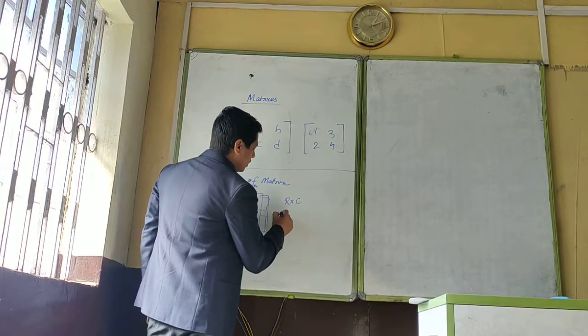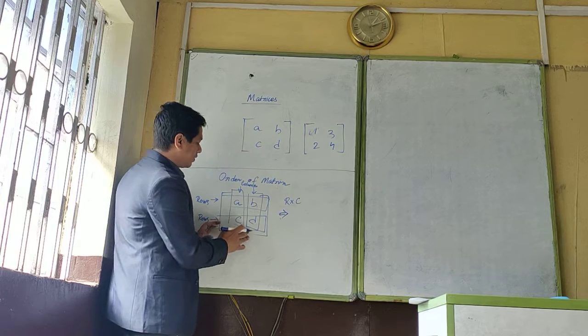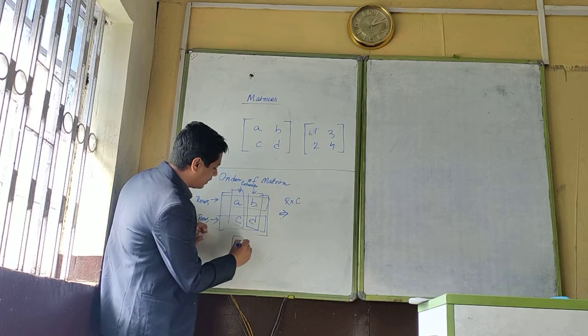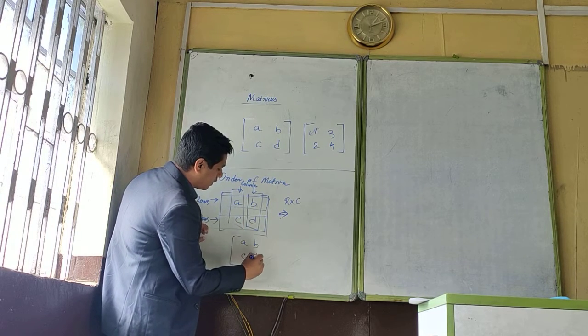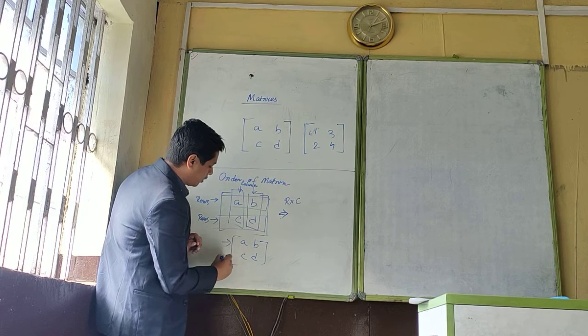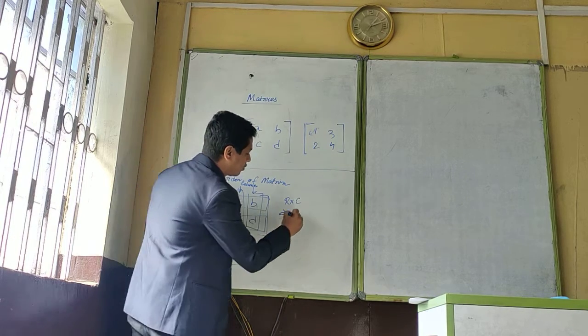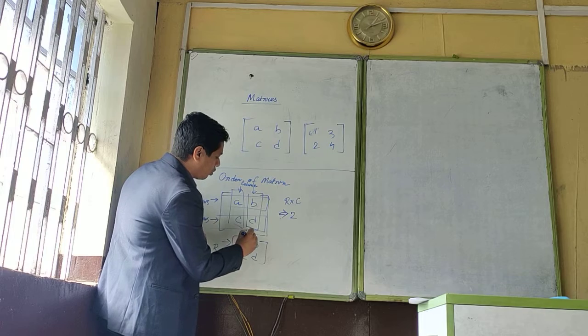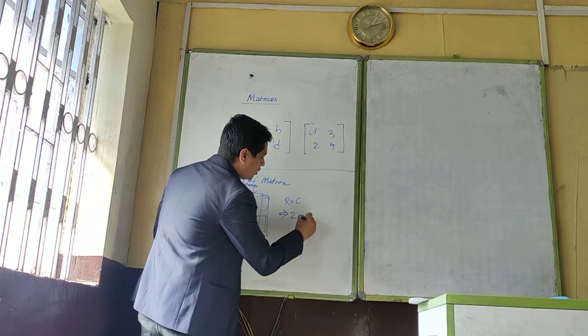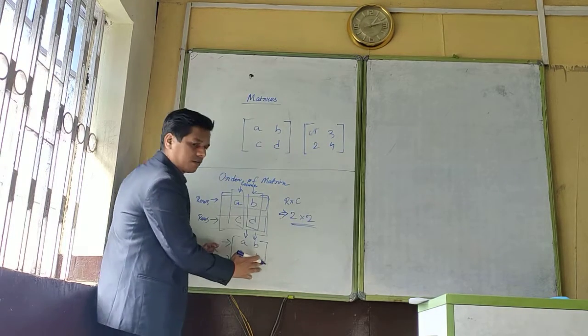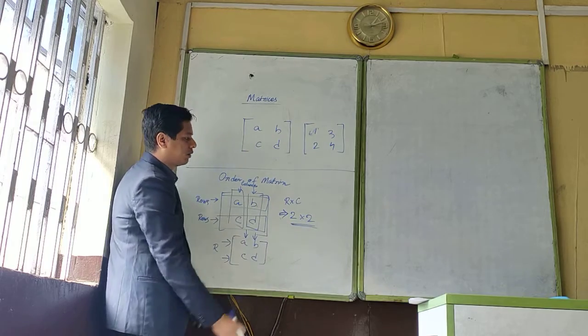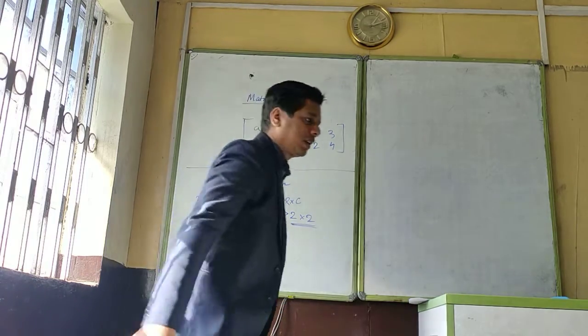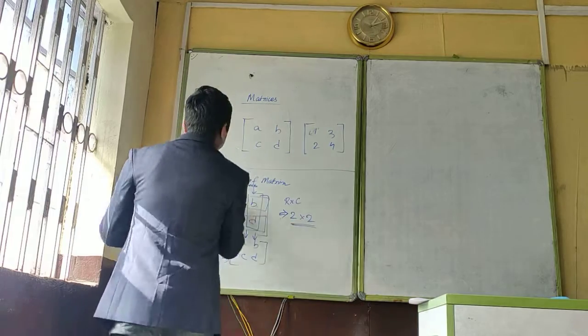So if I consider this matrix, A, B, C, D, we know the number of rows, 2 rows are there, and 2 columns are present here. So this is the order of this particular matrix.